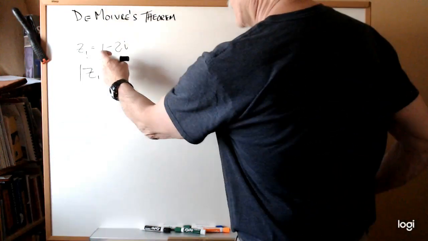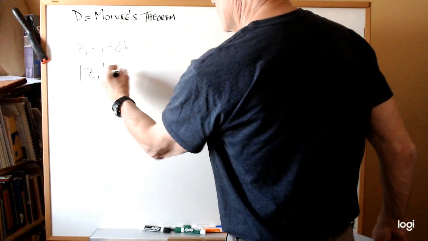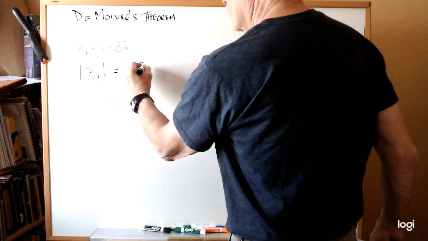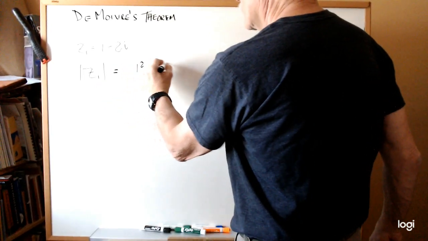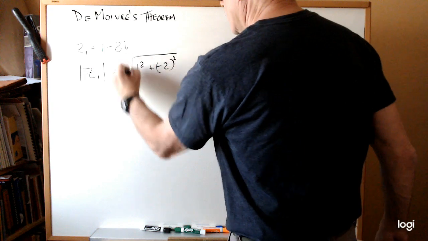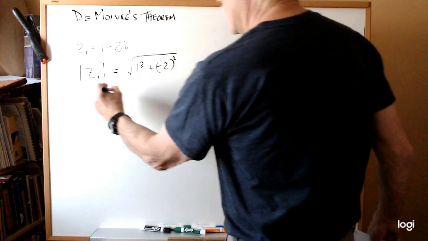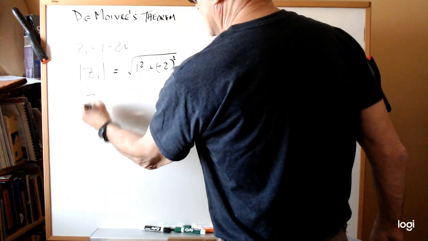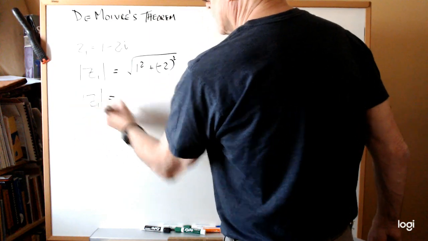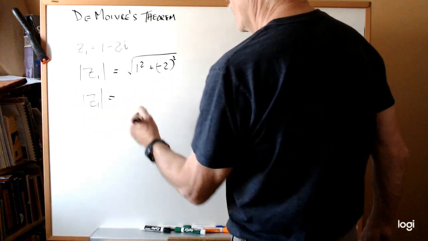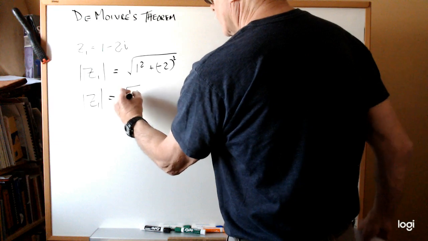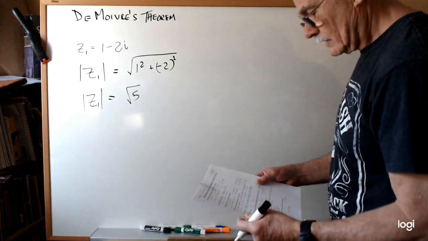So this is your a, and b is -2. What you're basically going to do is 1 squared plus -2, the quantity squared, under a radical. And you're going to get that the modulus, the value of r here, is square root of 5. Okay, so it's not so bad.